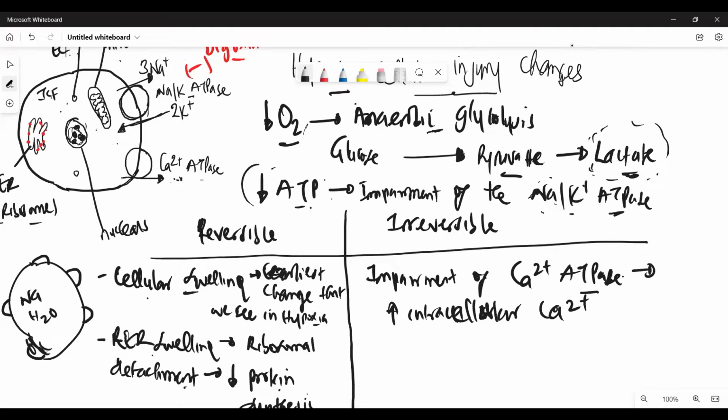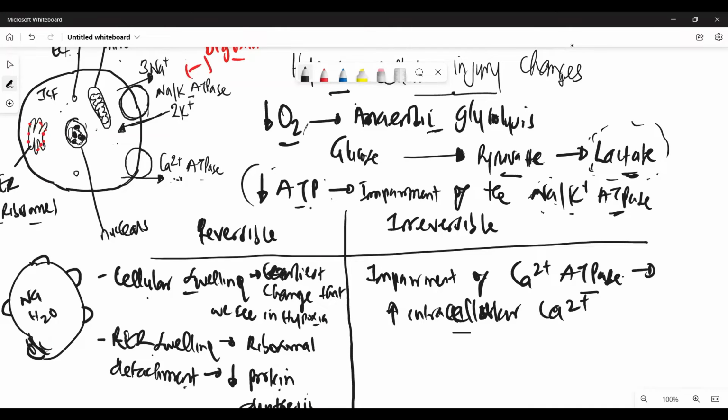And then because of the increased intracellular calcium, that will start activating enzymes inside the cell. It's just like what we see if somebody has very high hypercalcemia and it's causing acute pancreatitis. Those elevated calcium levels can activate protease enzymes inside the pancreas, and the pancreas can start digesting itself. Similar process. That's why high calcium is not good for the body.